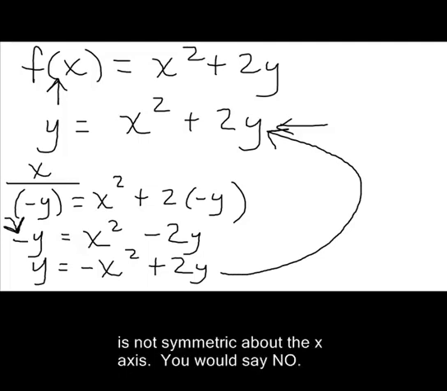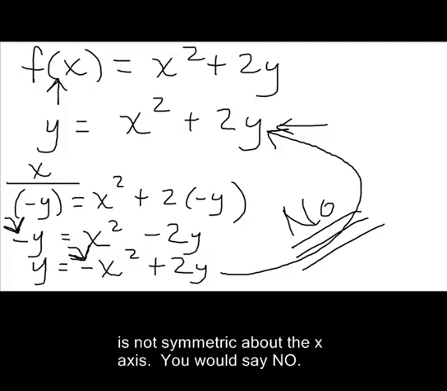It is not the same as what we started with because of this negative that's on the outside. It's not being squared because it's on the outside of our variable. So this is not what we started with, so it is not symmetric about the x-axis, and you would simply say no because it's not symmetric.